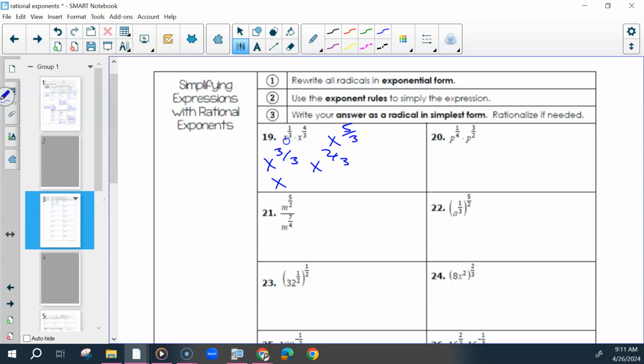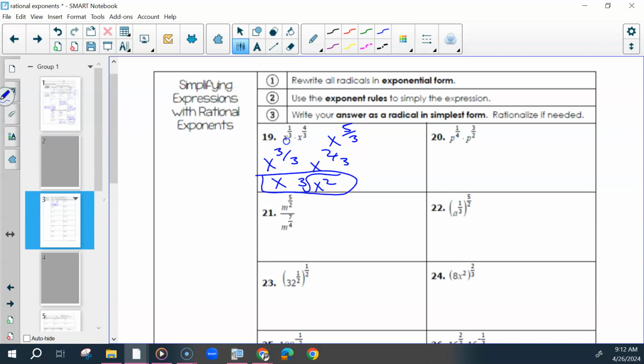Back at the previous page if you need to. X times the cube root of x. Say the root first, so it would be the cube root of x squared. And 3 doesn't go into 2, so that would be your final answer.